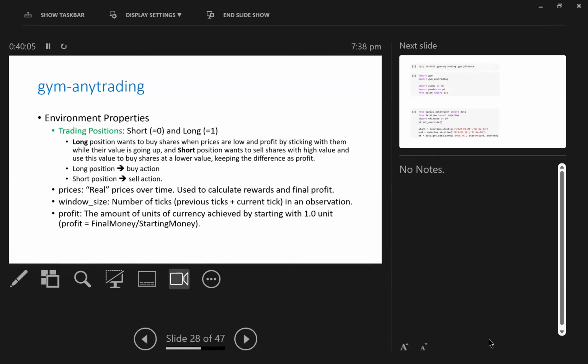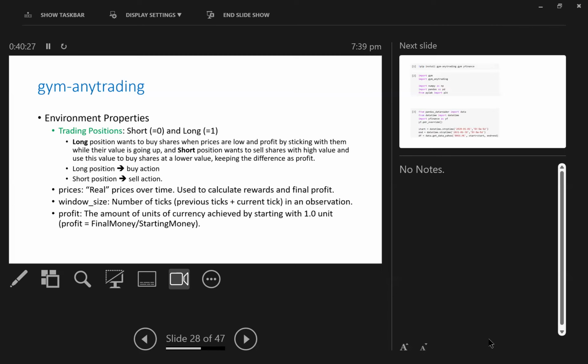That means stay calm. Okay, don't panic. It gives you good potential if you keep the stock a little bit longer. While the short position is saying that, okay, the situation is not that good.